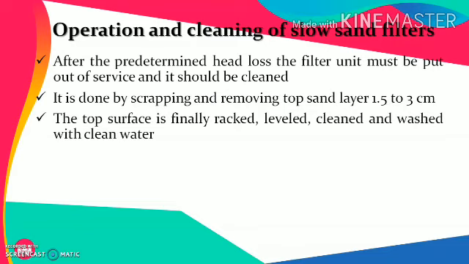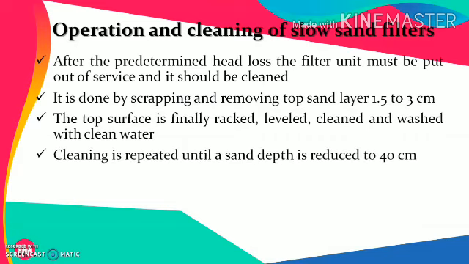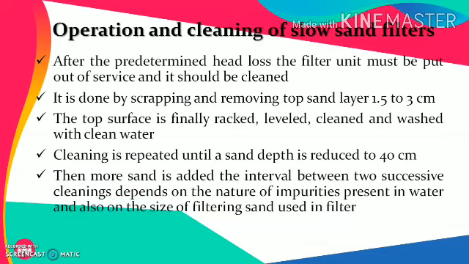The top surface is finally raked, leveled, cleaned and washed with clean water before being put back into operation. The cleaning is repeated until the sand depth is reduced to 40 cm. After that, more sand is added.